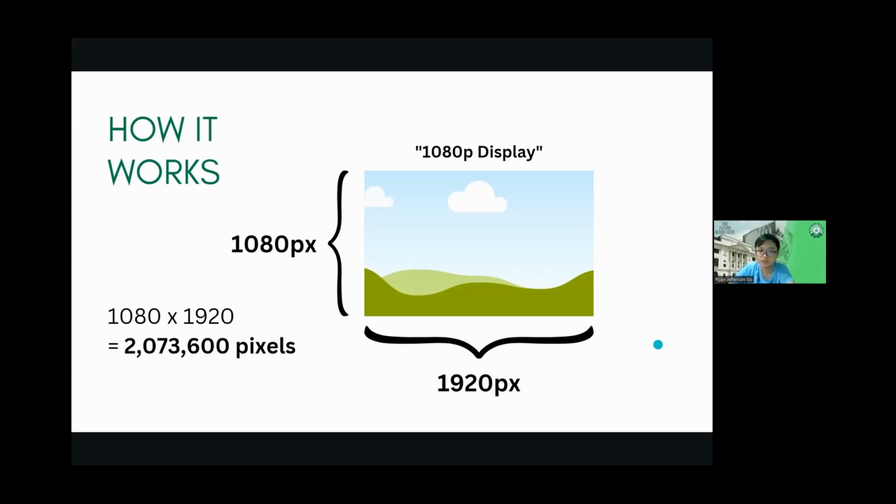Imagine a computer screen that has a resolution of 1080 by 920. Multiply both of these and you will get the total number of pixels that need to be rendered, which equates to 2,073,600. Multiply this with 3 to get the total number of the red, green, and blue colors that are possessed, and this value comes to about 6 million. Next slide.